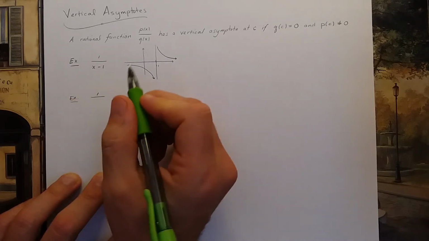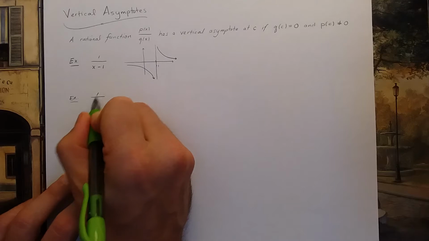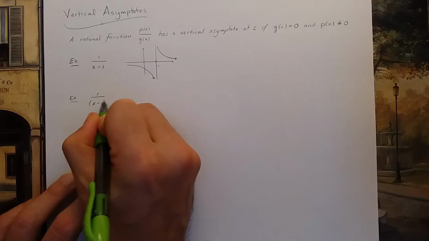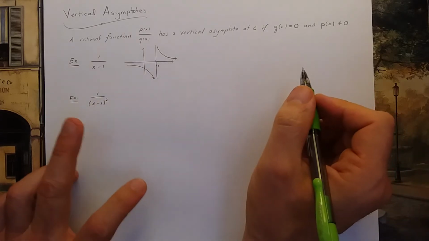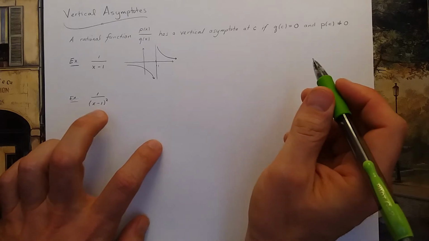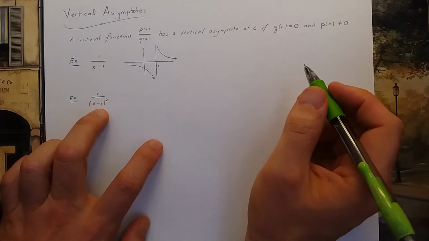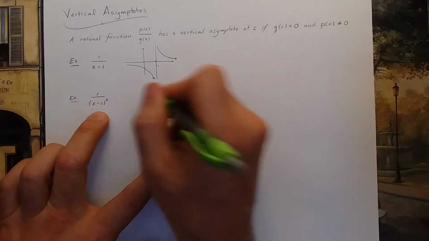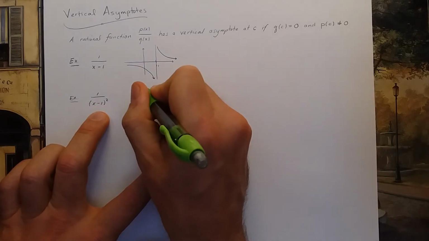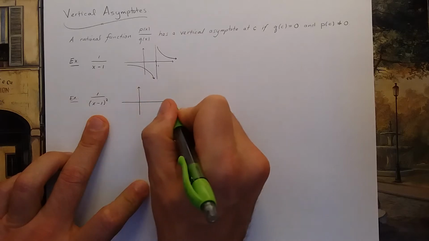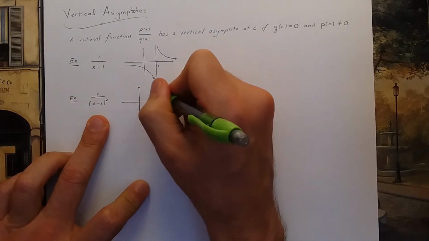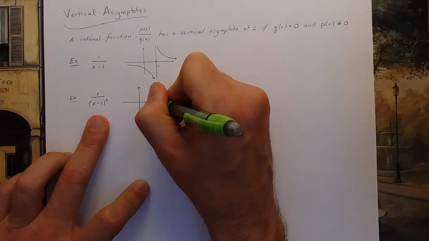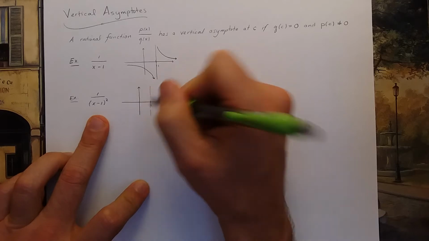What would be different if I wrote down 1 over x minus 1 squared? Well, there's still a vertical asymptote at x equals 1. But this time the behavior is a little bit different. The graph of this function looks like the following. Here's 1. I have my asymptote, my line the function cannot cross.